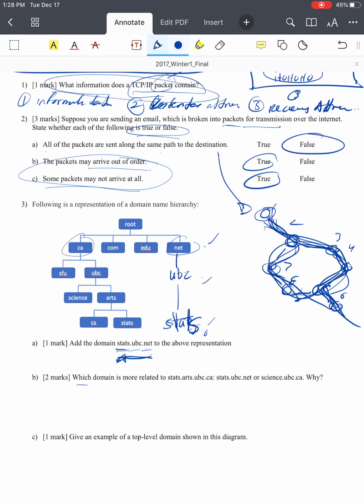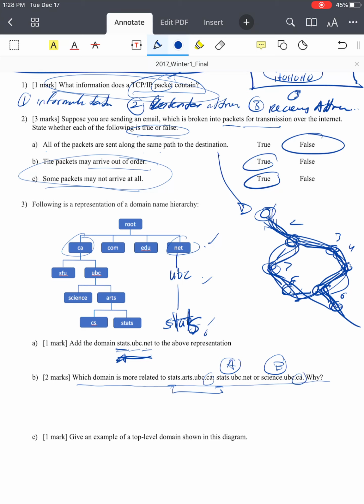So stats.ubc.net. Check, check, check. Which domain is more related to stats.arts.ubc.ca? Is it this one, or this one? Stats.ubc.net or science.ubc.ca? First you would think, oh, they both have stats, but let's take a closer look.